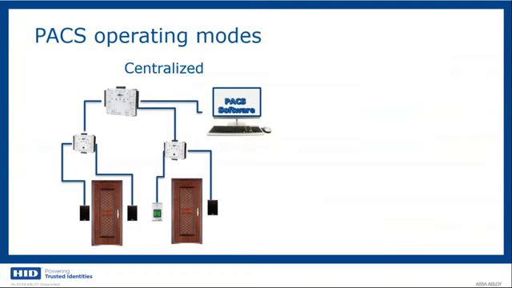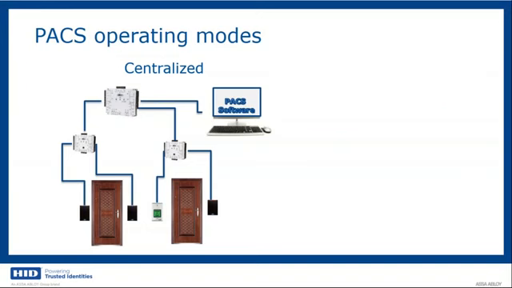What operating modes do we have? The first one is called centralized, where a controller can have a lot of boards or equipment that will communicate with the main controller.